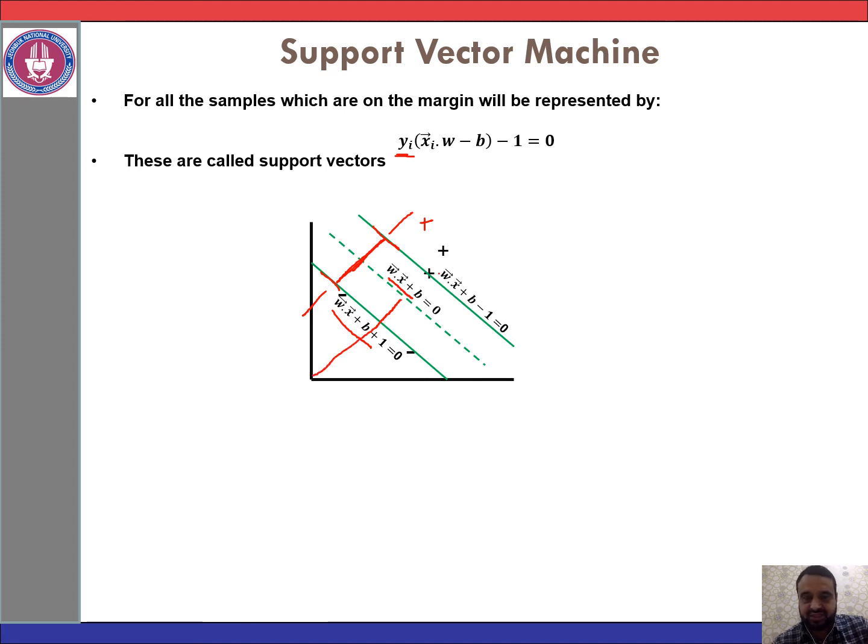Now the samples lying on the margins are called support vectors. Support vectors are very important because we will consider them as the decision boundary for classifying the different classes from each other. So we will calculate the support vectors using this equation. In the coming slides, I will explain it further.